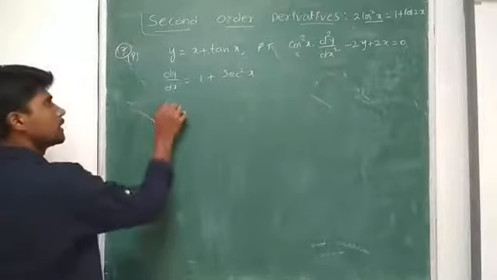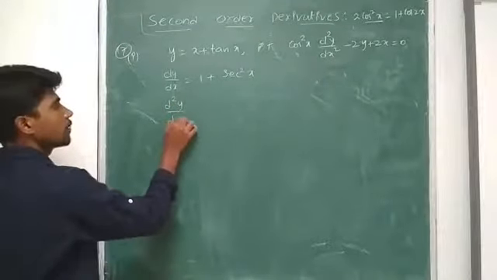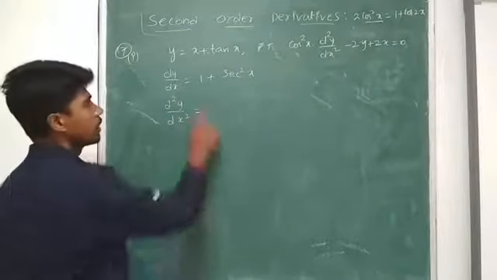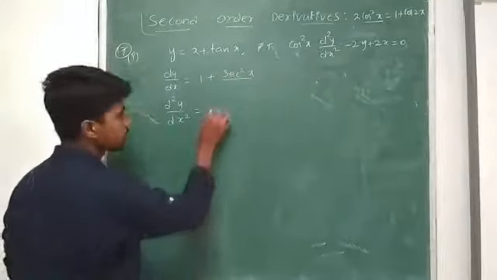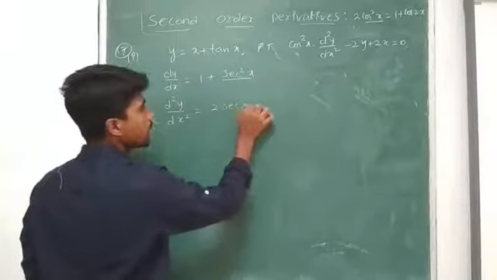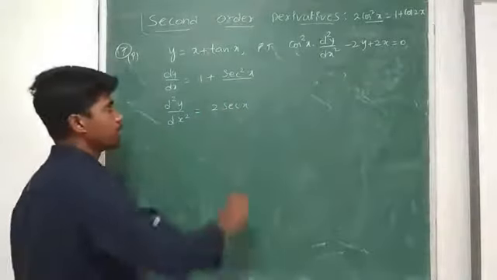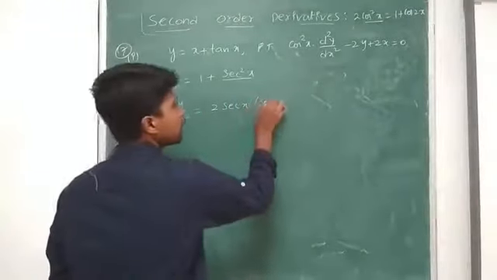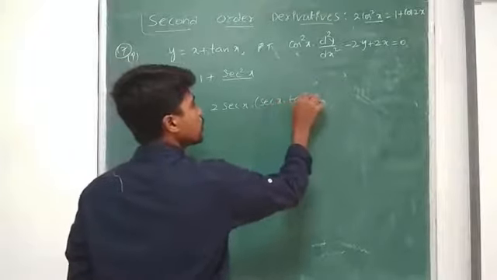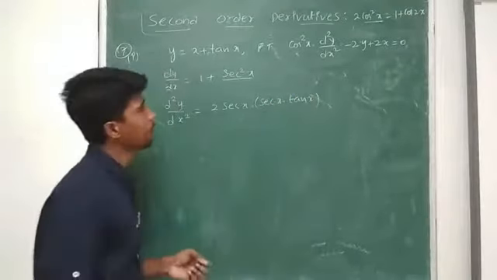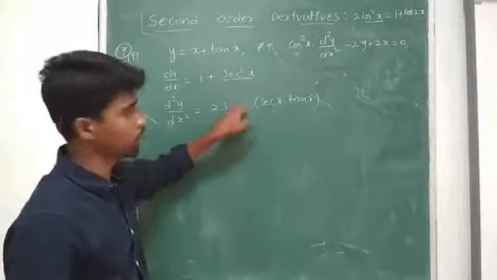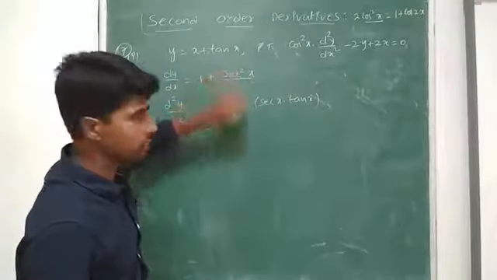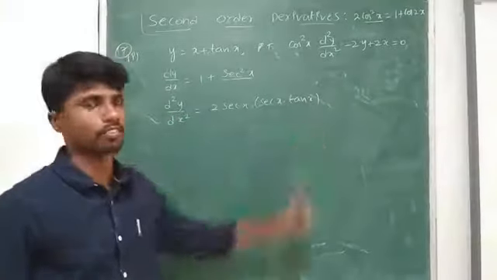Now again second derivative, d square y by dx square equal to derivative of constant 0, plus derivative of secant square x, 2 into secant x into derivative of secant x, which is secant x into tan x. Hope you understood. X power n form, n into x power n minus 1, but it is not x, it is secant x, so again I have to perform its differentiation.